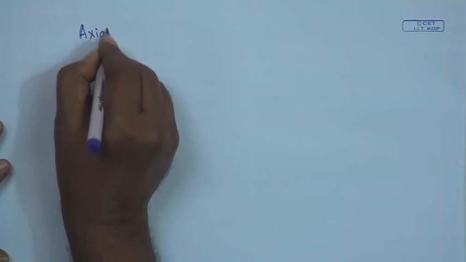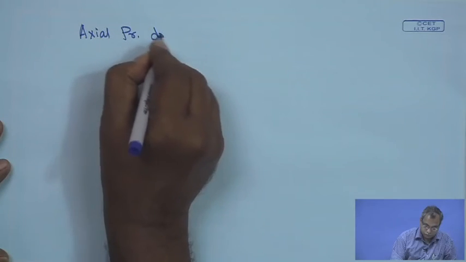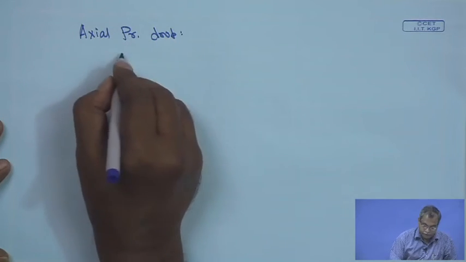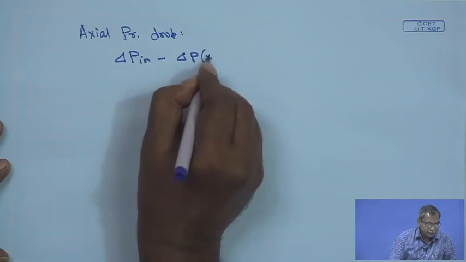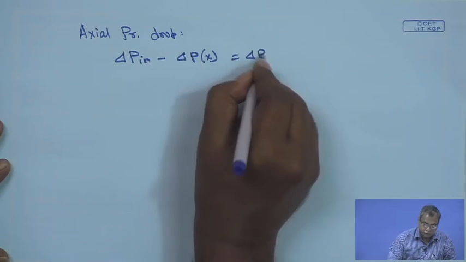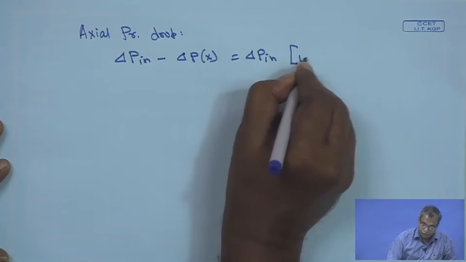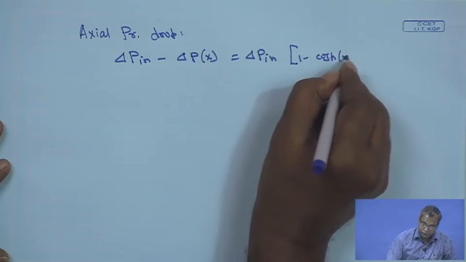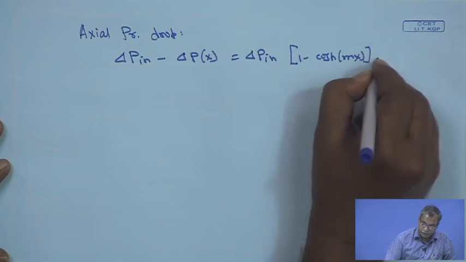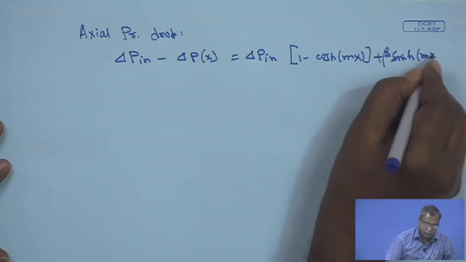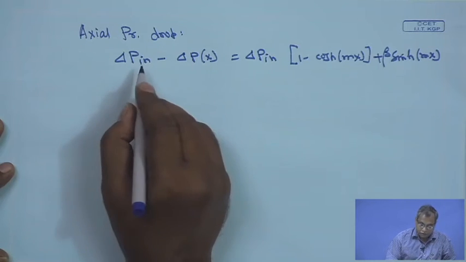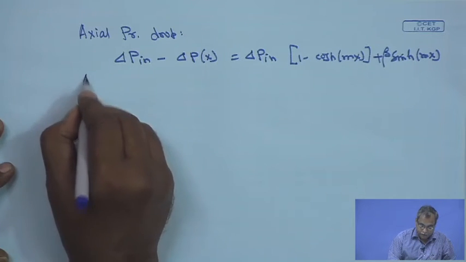The axial pressure drop becomes, at any location x, delta p in minus delta p x is equal to delta p in times 1 minus cos hyperbolic mx plus beta sin hyperbolic mx, and one can get the axial pressure drop across the module.